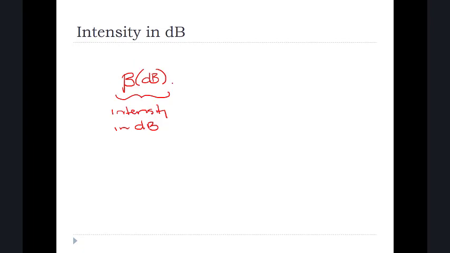Normally, physicists don't write out what the units are with the variable, but for this equation, they do. I'm not 100% sure why. Okay, so the intensity in dB is 10 times the logarithm of the intensity divided by the threshold intensity. Remember that threshold is our 10 to the minus 12 watts per meter squared from the previous slide.